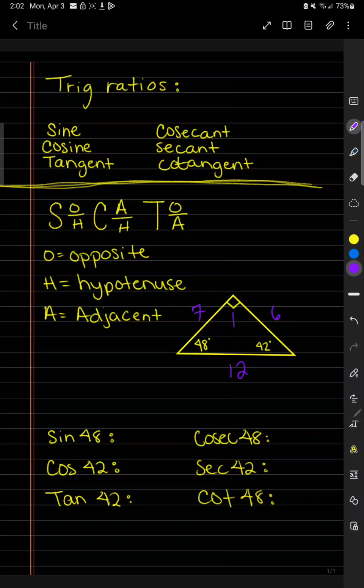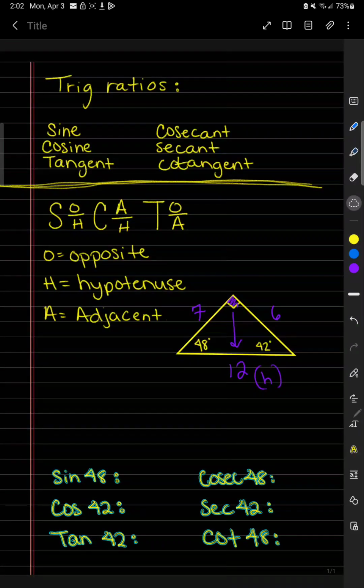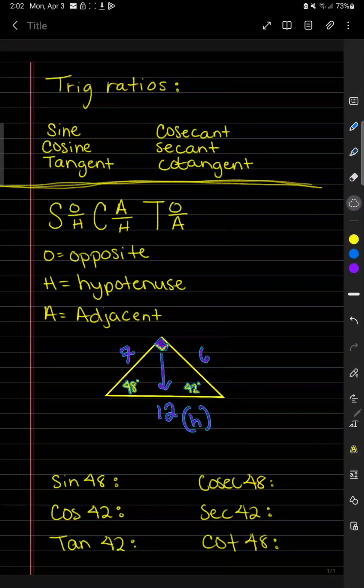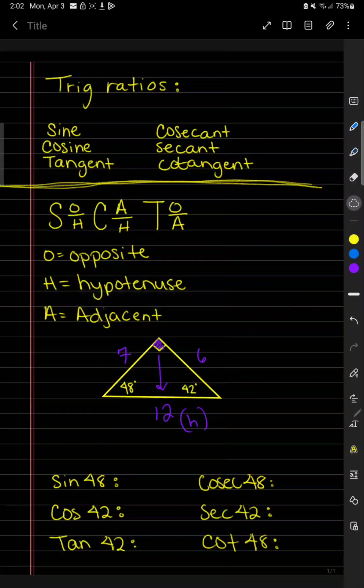So our hypotenuse is 12 because it's the one directly across the 90-degree box. I can't mark the opposite and adjacent for this one because again, there's two angles. So the opposite for 42 is 7, but the opposite for 48 is 6. So it just depends on what I'm asking for. So we'll leave those unmarked, but we're gonna go off of SOHCAHTOA and the opposites. We just have to go off of what it's asking for.